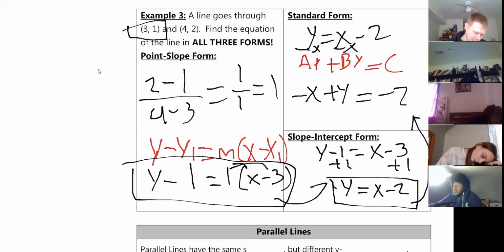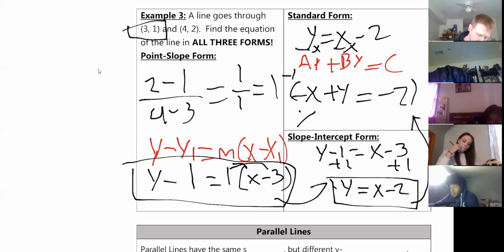Technically, based on the definition in the notes, they say they don't want the first coefficient to be negative. So if you want, you could just multiply the whole equation by negative 1. That would get rid of it. So I guess technically our answer would be positive x minus y equals positive 2.